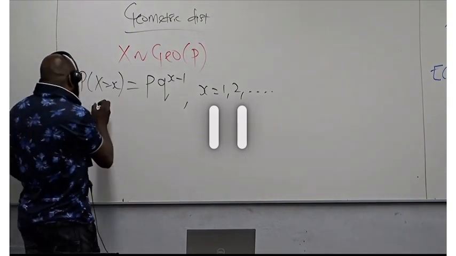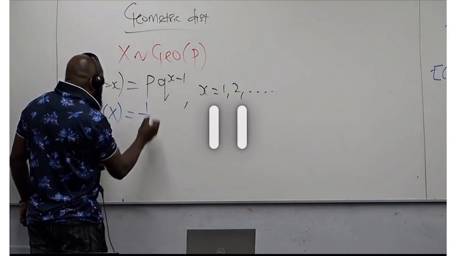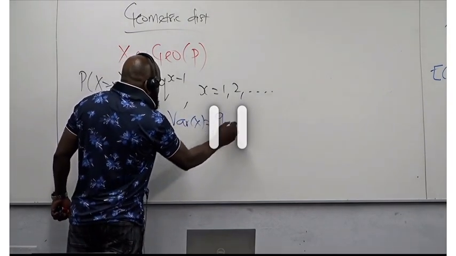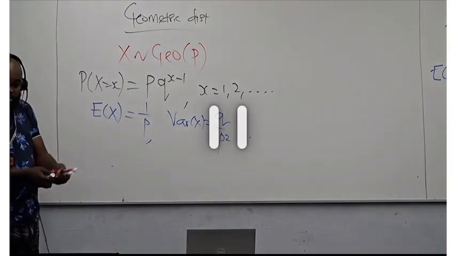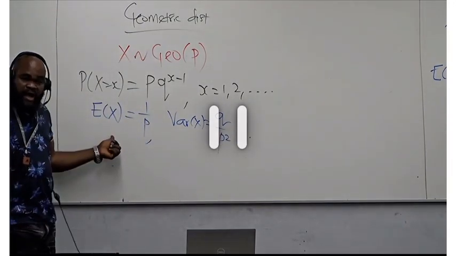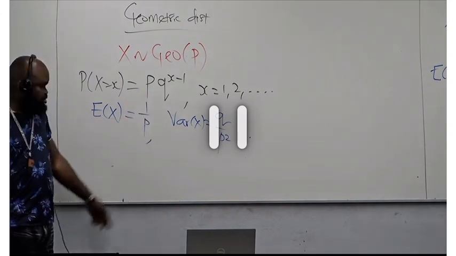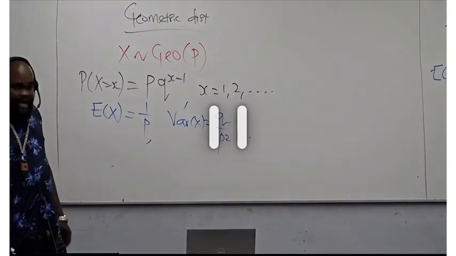So in that case, the expectation of x is 1 over p. The variance of x is q over p squared. So when we talk about geometric, we can derive an average from there. I think I showed you how to do that yesterday. We can also derive the variance for that.